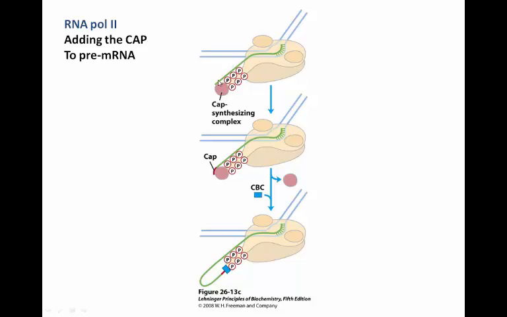As the RNA is being extruded from RNA polymerase II, the cap synthesizing complex binds to the RNA, adds the cap, and then we have the cap binding complex, which is a complex of proteins that binds to the cap and associates the capped end of the pre-mRNA with the C-terminal domain. Notice that this is a loop that's growing as this part here is being synthesized and this is extruding.